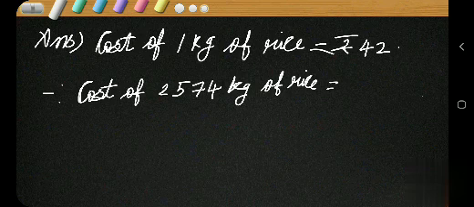What we have to do here? Yes, we have to find out the product of 2574 into 42, and that much cost means what will be the unit? Cost is measured in which unit? Yes, rupees. Okay, so let's find out the product.